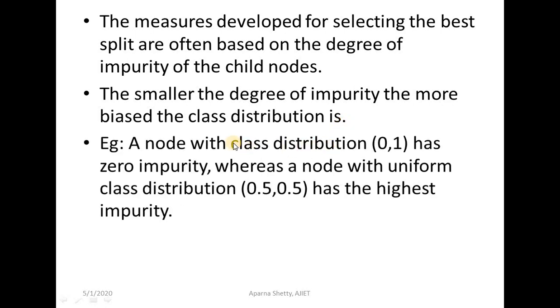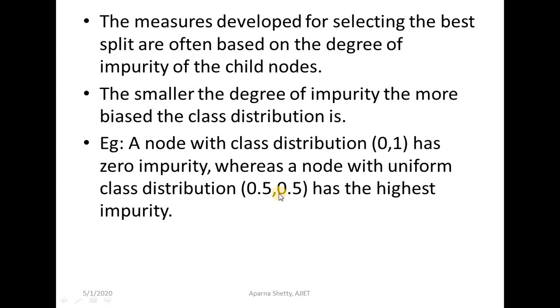For example, a node with class distribution 0, 1 has 0 impurity, whereas a node with uniform class distribution 0.5, 0.5 has the highest impurity. Here it is properly sorted, 0 and 1, so the impurity is 0.